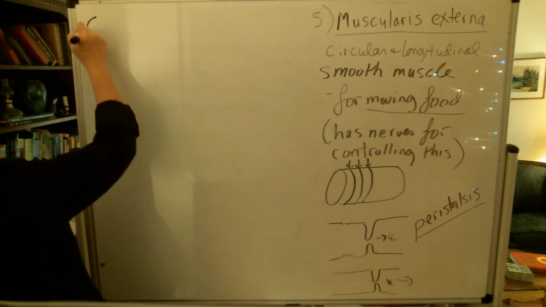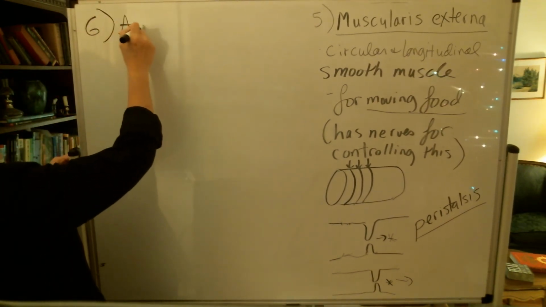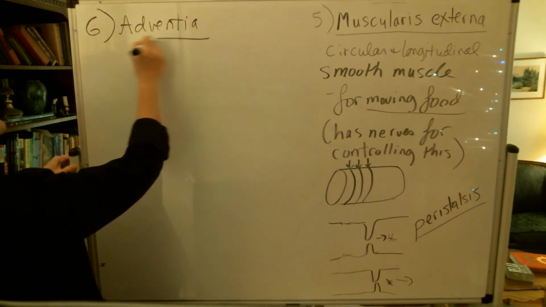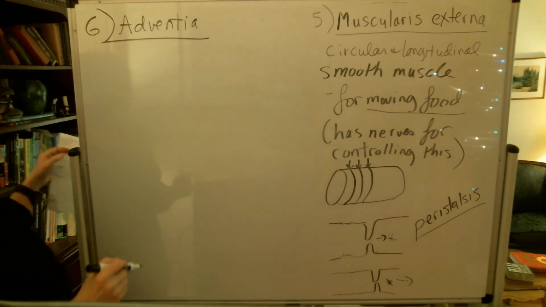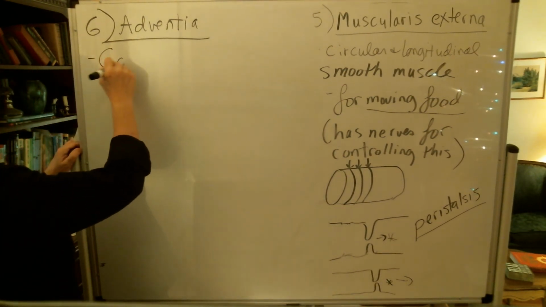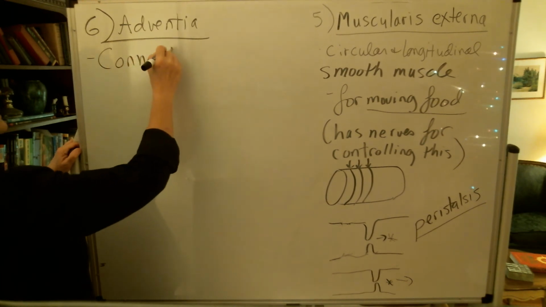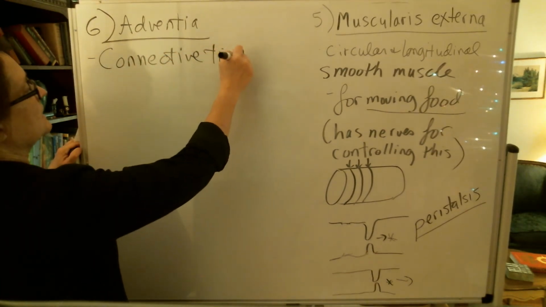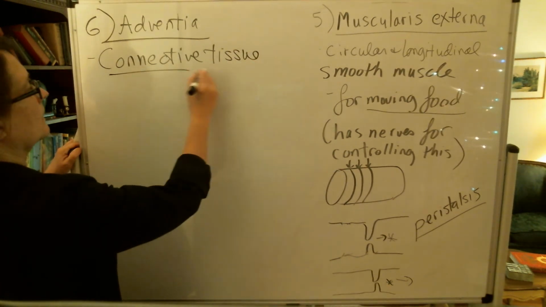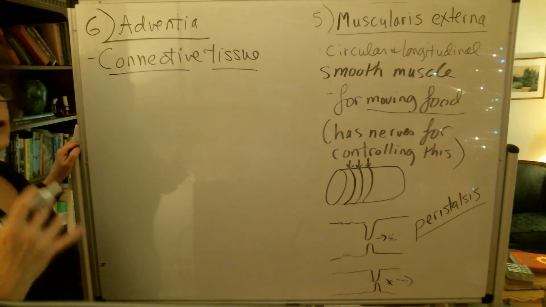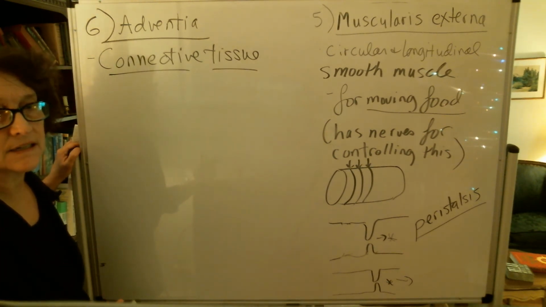And then finally, on the outside, we have the adventitia. And this now is connective tissue. You nearly always have connective tissue because you have to hold things together.